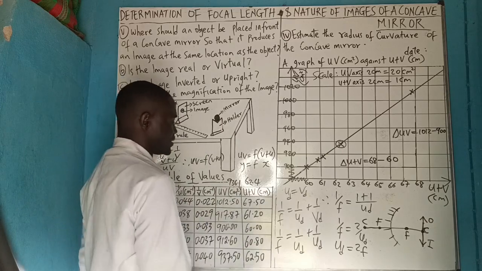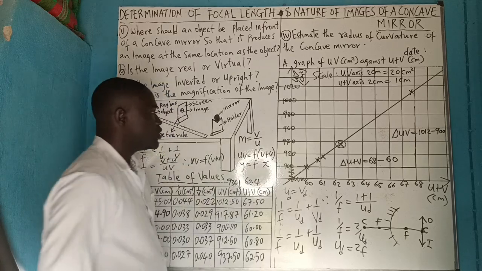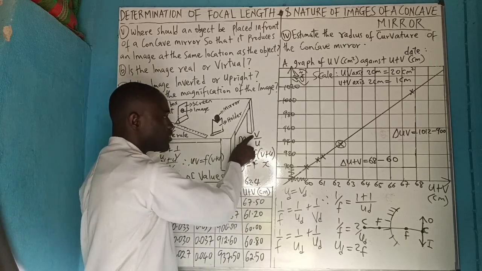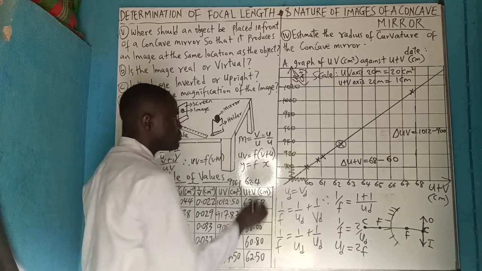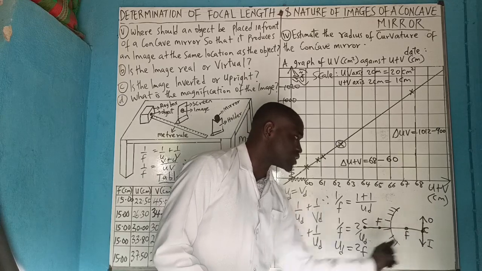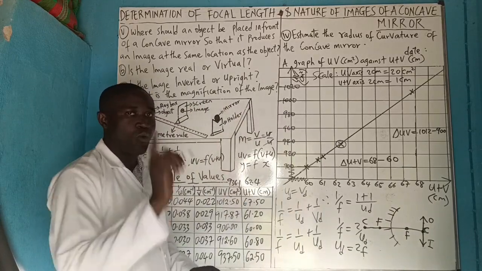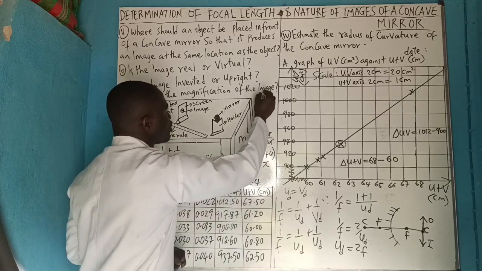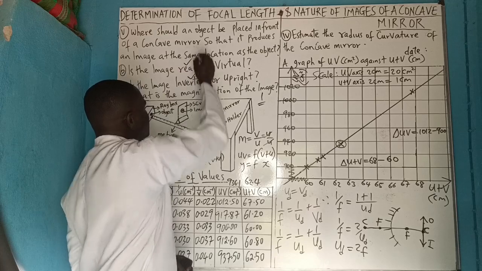We noted that magnification is equal to V over U. Since V is equal to U, the distance of the object is equal to the distance of the image, and so they will cancel to give you 1. It means that the magnification is 1, and this is inverted and this is real.